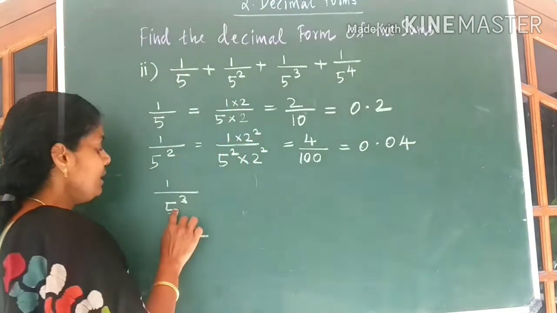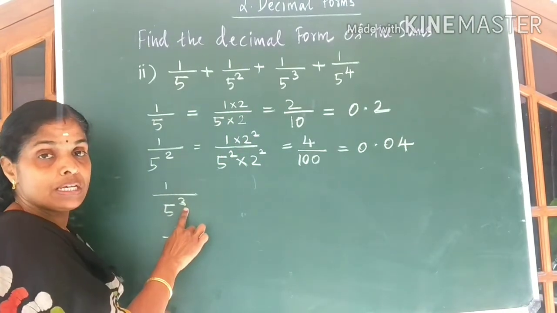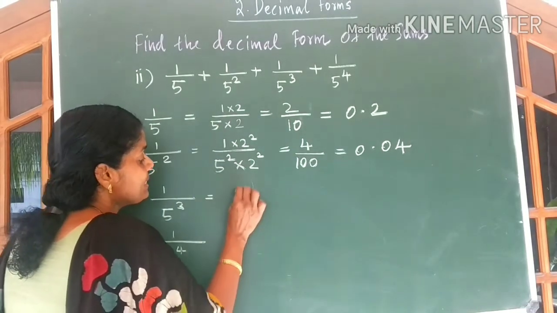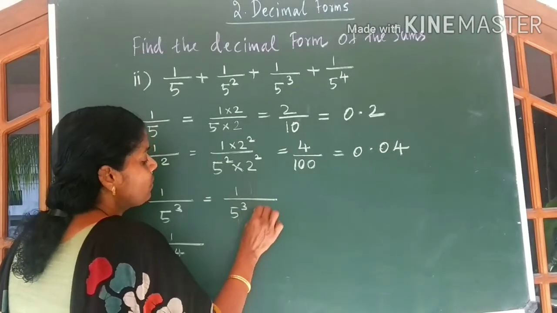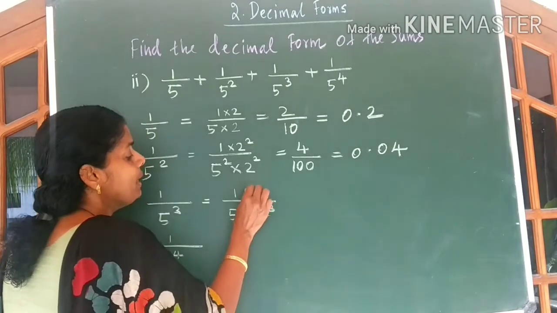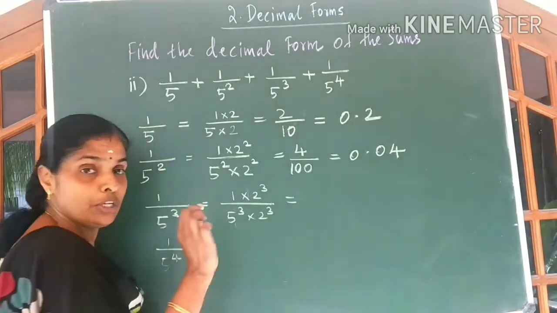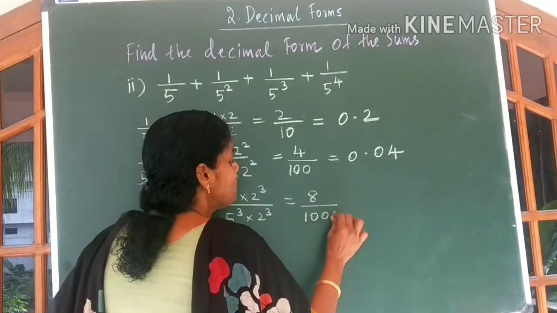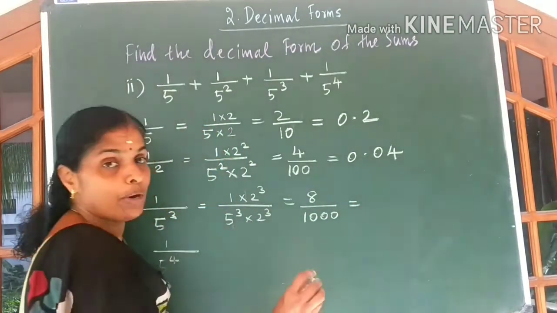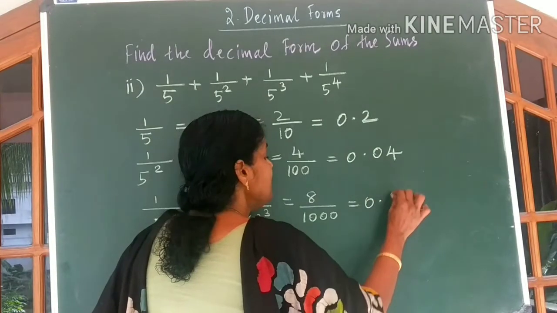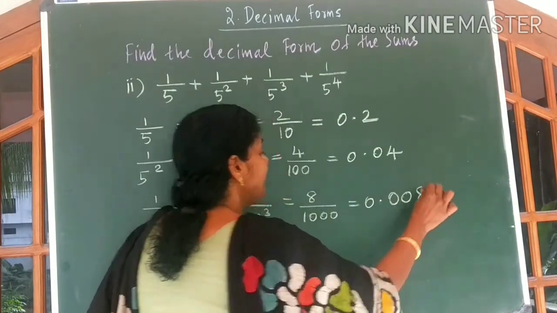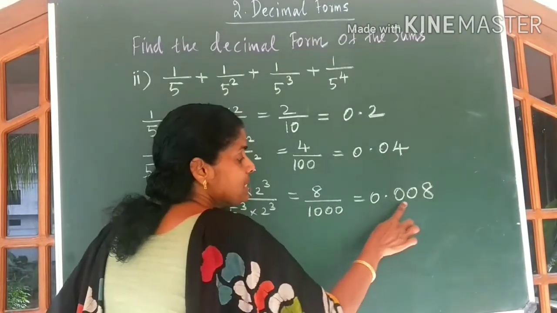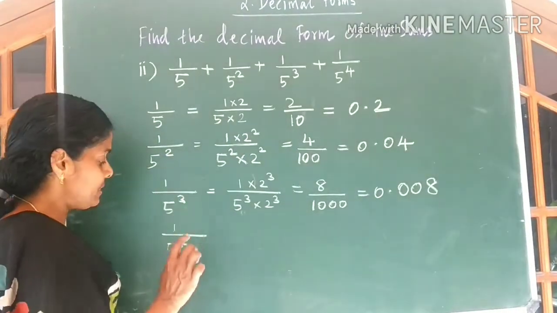You have 3 5s. So multiply it with 3 2s. So you get 1 by 5 cube into 2 cube. Multiply 2 cube in the numerator. So you get 8 by 1000. Decimal form of this is 0.008. Since there are 3 zeros, keep the decimal point before 3 digits.